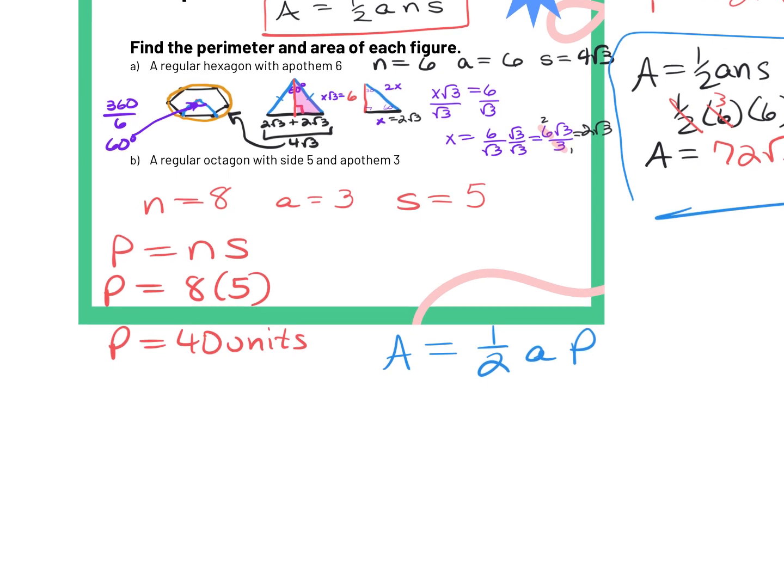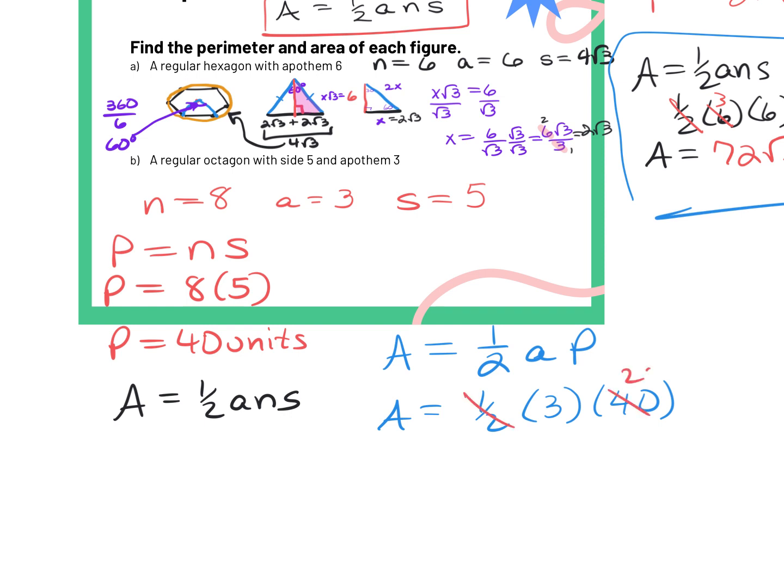For the area, since we've already calculated the perimeter, we can use the 1/2 AP formula. Now, again, remember, you can also do 1/2 ANS if they don't ask you to do the perimeter ahead of time. So if I fill this in, 1/2, my apothem is 3. I just found the perimeter to be 40. And you can simplify it before you multiply, but you guys are using calculators.